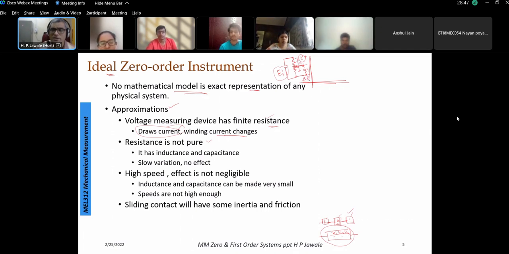So del R and del R1 should be in proportion. But because of the non-consistency of the material, it is going to differ. So it may not give the exact indication of the proportional change in the resistance over the length. So because of the winding and the coil, it has inductance, and also it stores some charge because of the, say, residue capacitance. So these are the issues in practice that are going to occur.